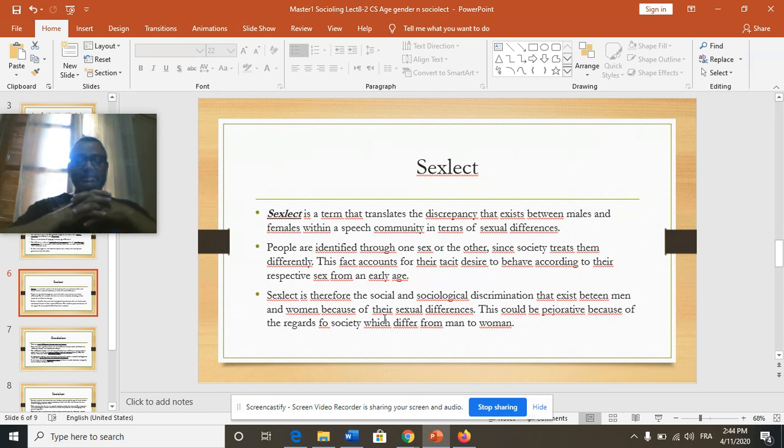So we call this sexlect, and most of the time, sexlect is reflective of the discrepancy that exists between male and female in a given speech community. So nowadays, as I said, people prefer to use genderlect, talking about what a woman performs in society next to her sex, or what a man does in society next to his biological sex.